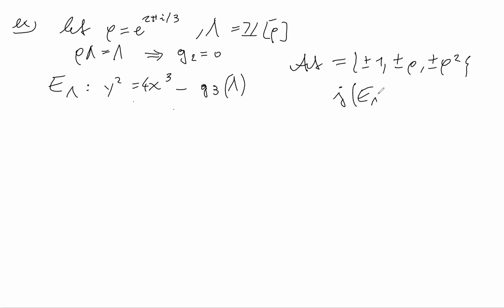So we also find here that j is just 0. And again, because this is a rational number, we should have a model over the rationals. Turns out there is one given by y squared equals x cubed plus a constant. Okay. So these are two nice rational elliptic curves with rational j-invariant.